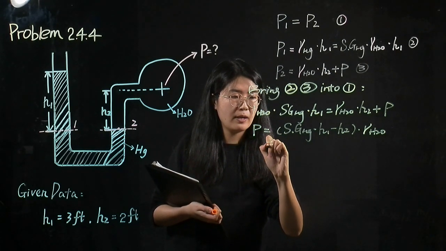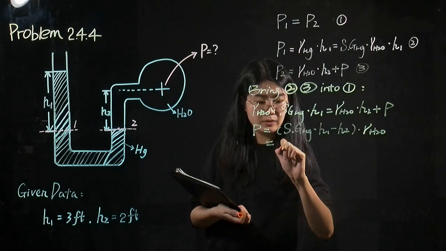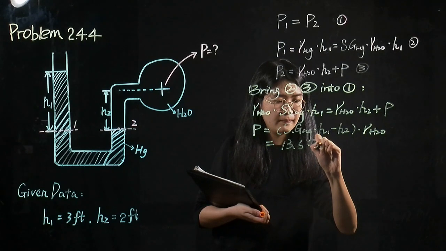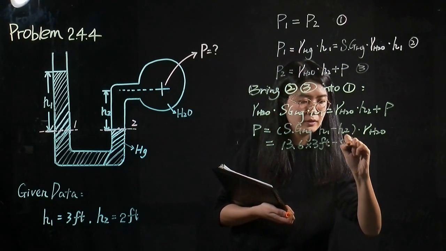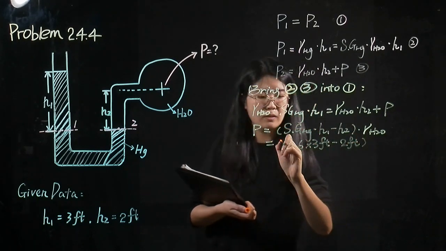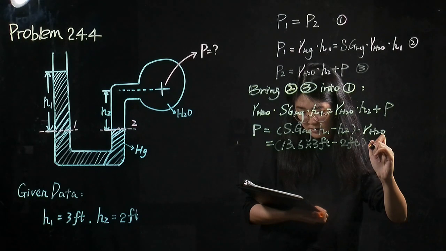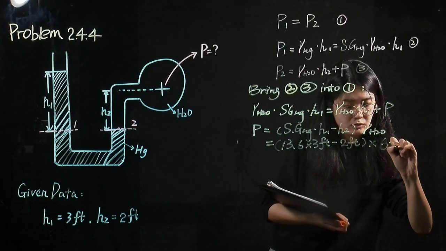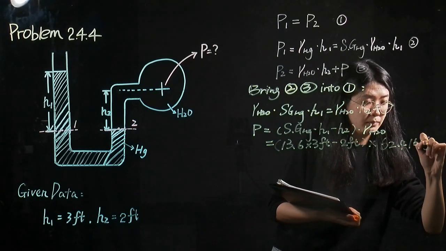The specific gravity of mercury is 13.6 times 3 feet minus 2 feet. Then we need to multiply by the specific weight of water, which is 62.4 pounds per cubic foot.